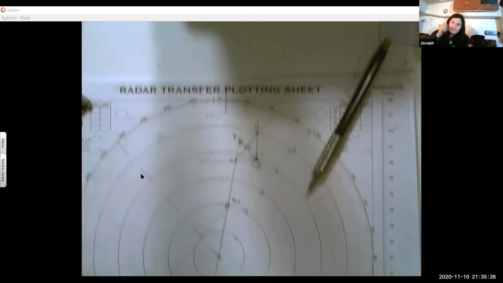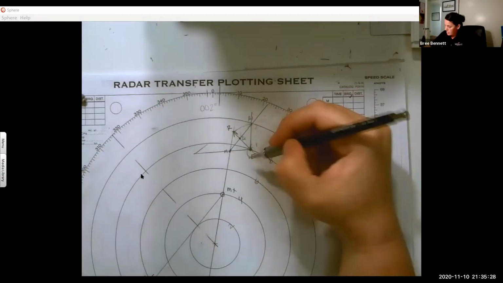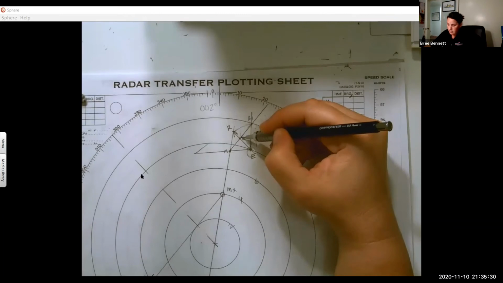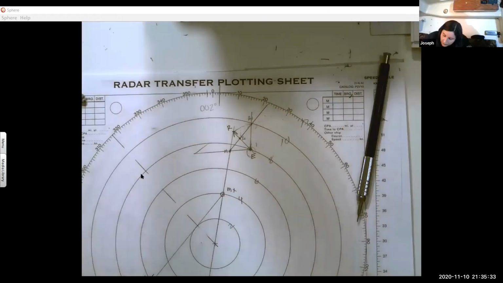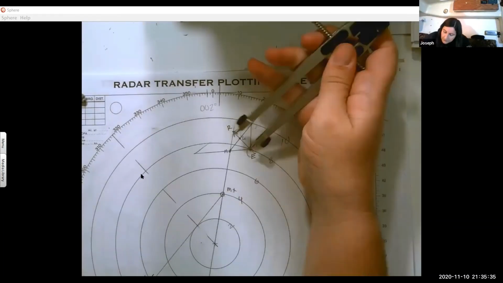Zoom in there. So that E to R1 right there. So what speed do you get?